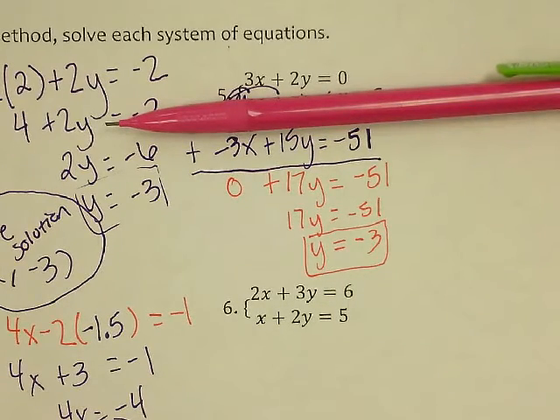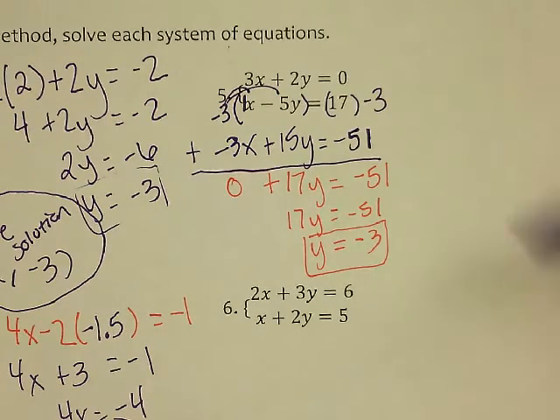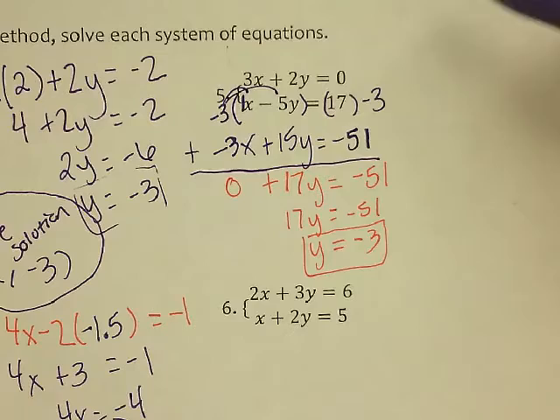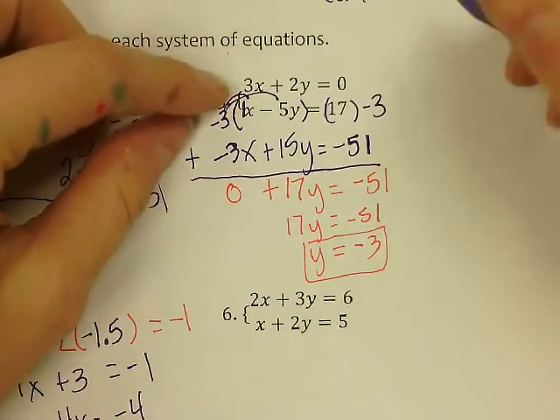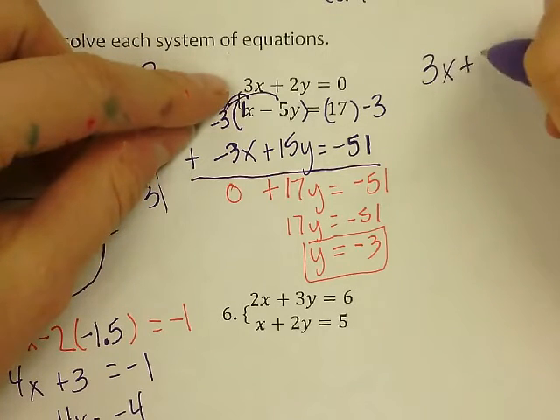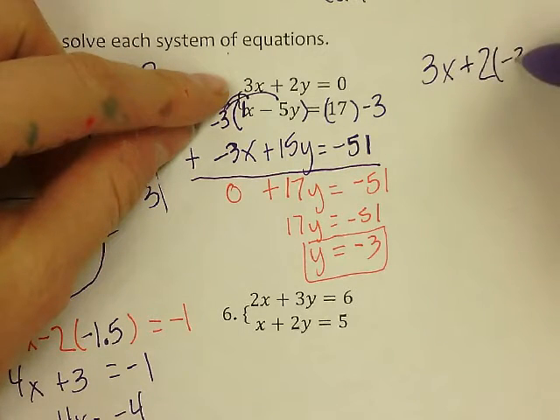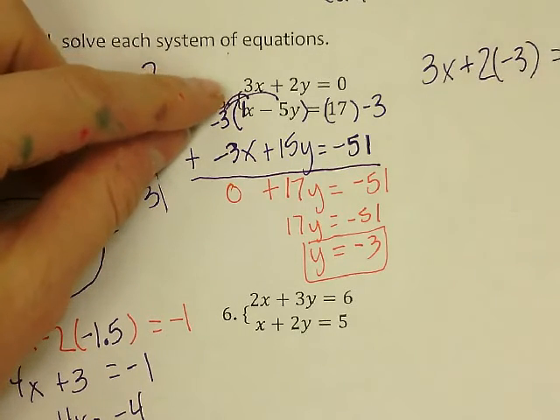Okay? Now, what do I do with that y? Plug it back in, right. I would choose one of your original problems just because it'll keep your numbers lower. I'm just going to do the top one. So 3x plus 2y, but we found y is -3, equals 0.